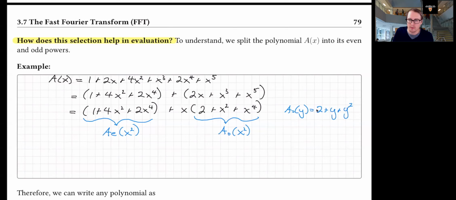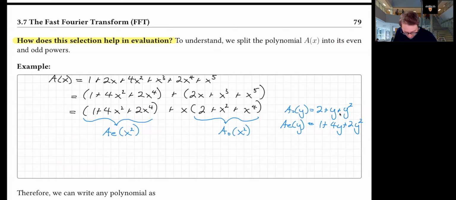If I plug in x squared into this, I get 2 plus x squared plus x to the power of 4. A even of some argument y is going to be 1 plus 4y plus 2y squared. And so the thing that you see is I've managed to break this one polynomial of degree 5 into 2 polynomials of lower degree, where I'm doing this kind of unusual thing in that I'm plugging in x squared into them.